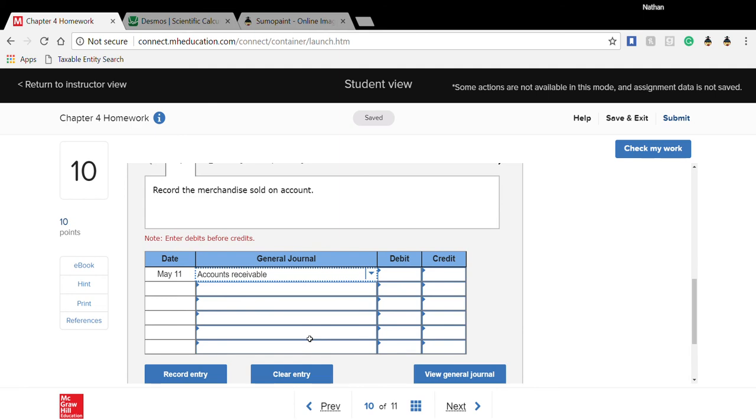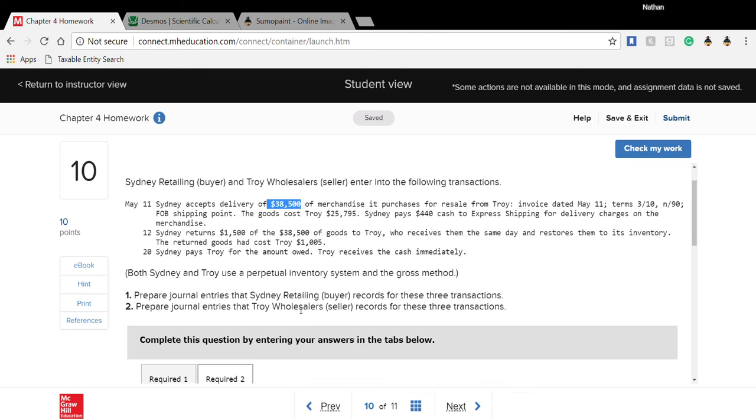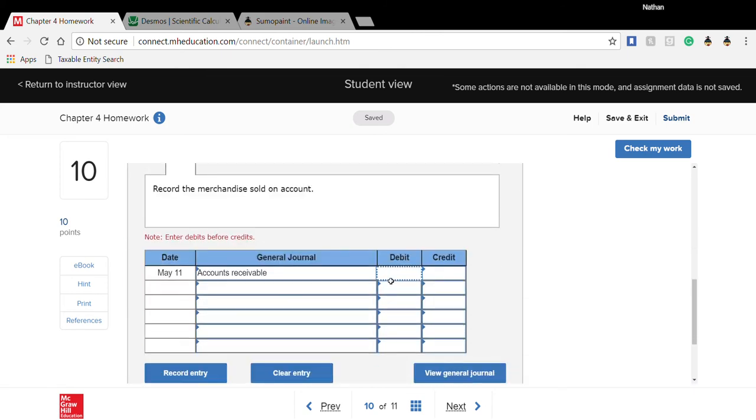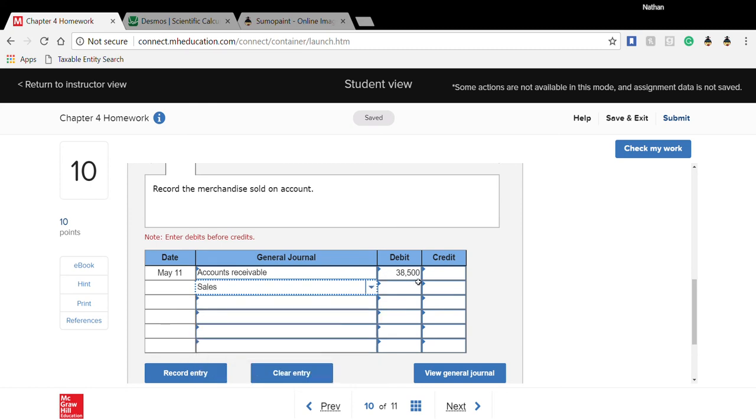We gave them a little option. That was 38,500 again. So 38,500. We made our revenue, so this time it's sales. 38,500. And that's it to record the sale. Same thing that we've been doing. Nothing different.